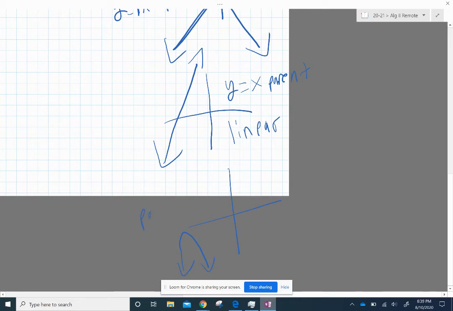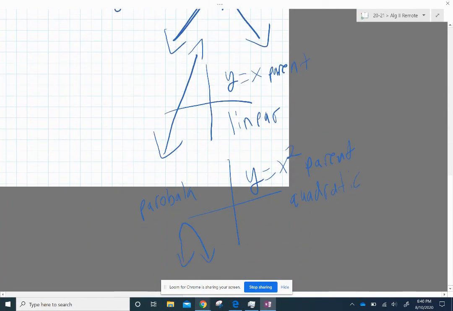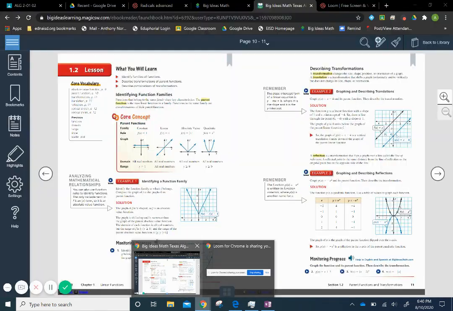That is a parabola. That's the shape. The parent function is y equals x squared. It's also a quadratic. So whatever the shape is, that's going to tell you what the parent function is in name as well as symbol.